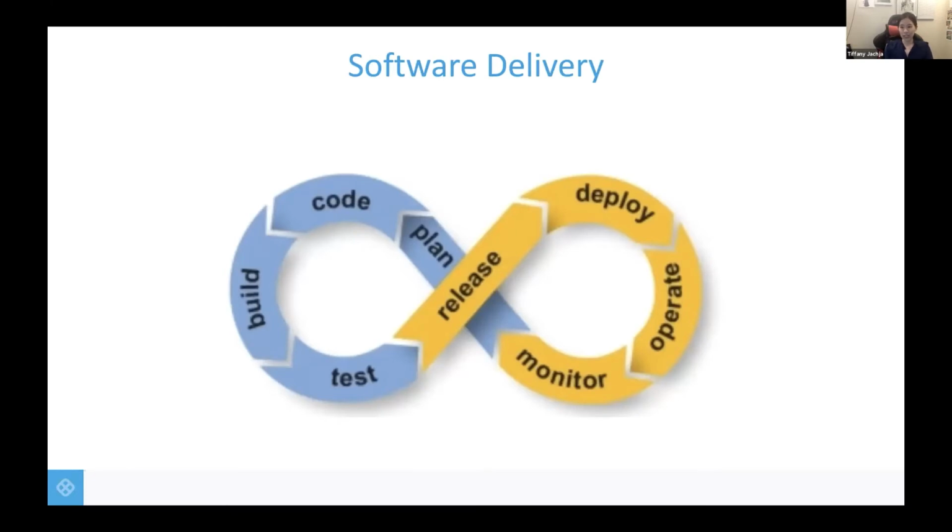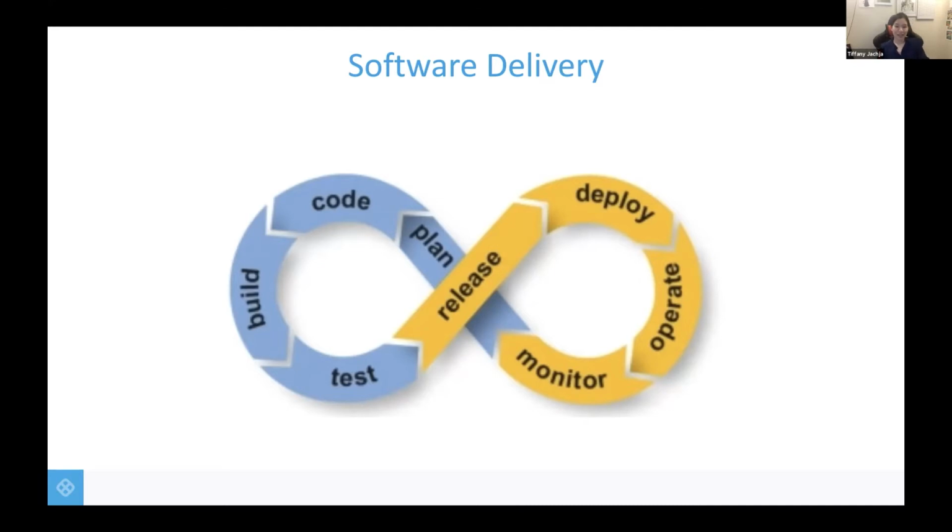Software delivery is about delivering your packaged code to an end customer. So traditional SDLC, traditional software development life cycles, include building your code, testing it, and then deploying it, right?